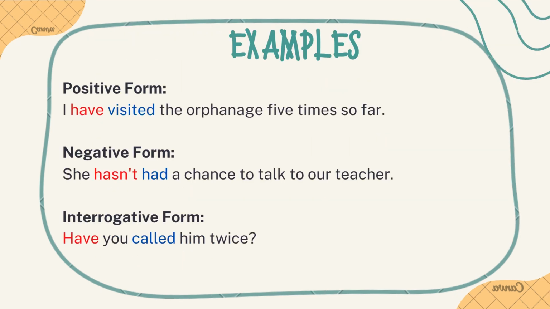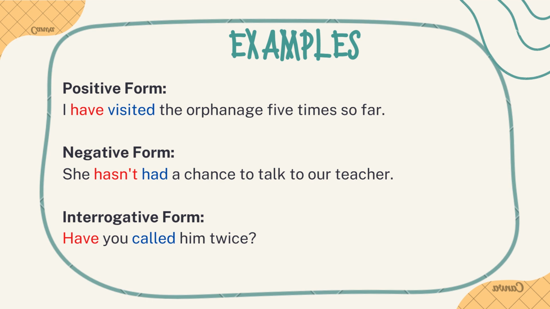Alright, now let's take a look at the examples. The example of the positive form here is: I have visited the orphanage 5 times so far. In this example, we can find the use of have after the subject I, and then followed by the past participle, visited.